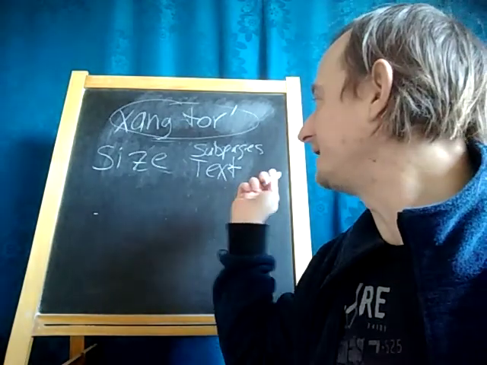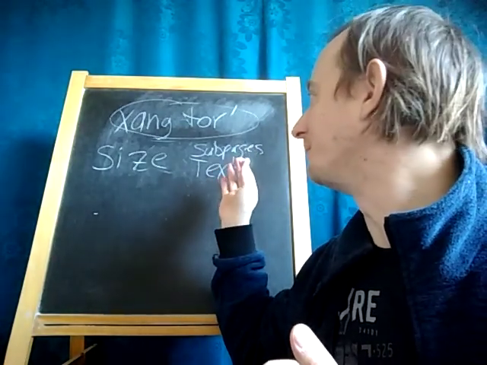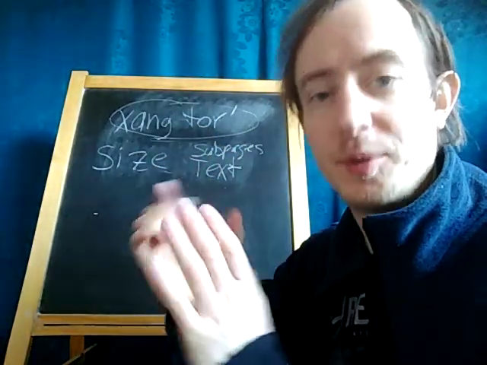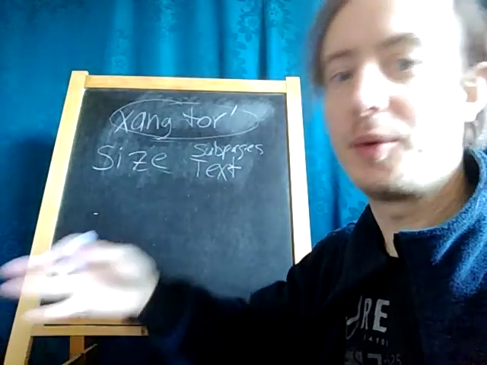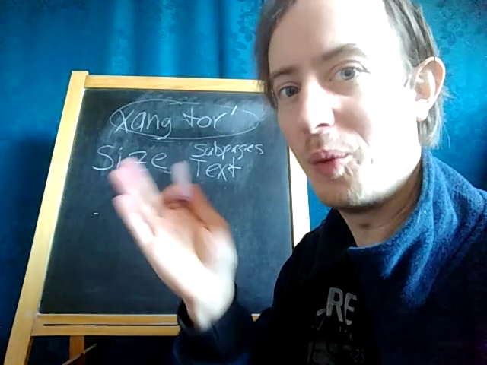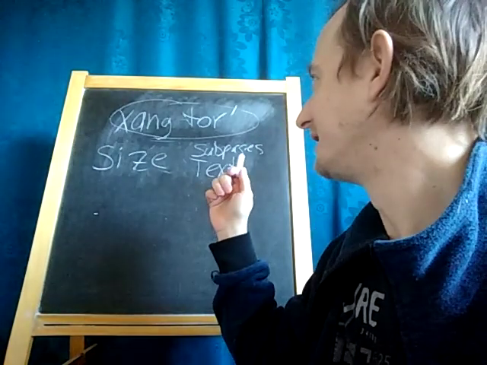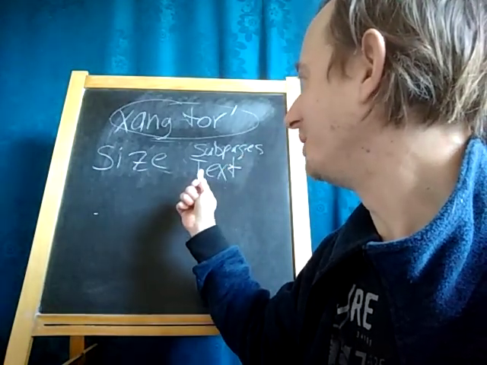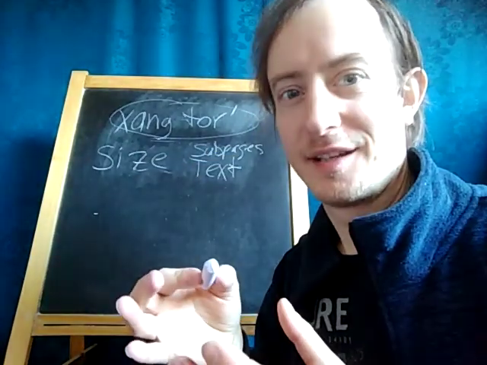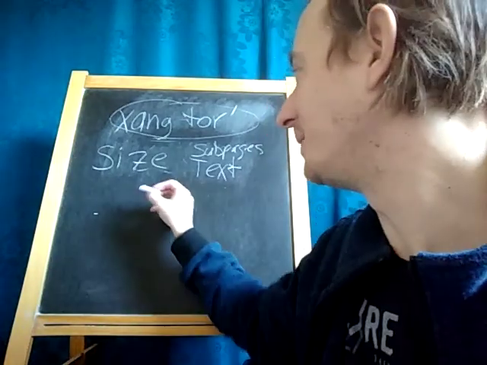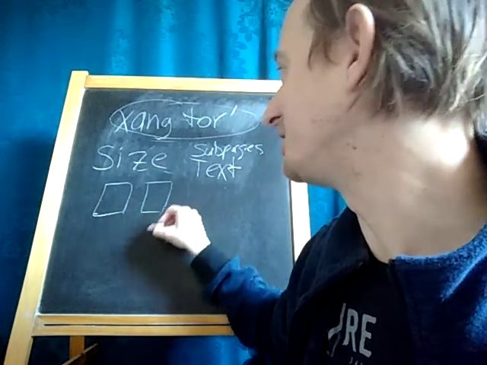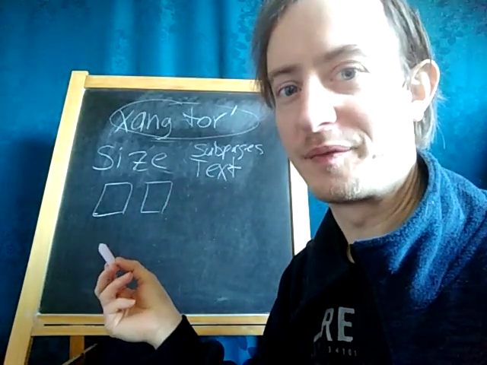So let's say you've taken several books, and you got several books that are big and several books that are small. You put the small ones aside. Then you open the books, and you find that one book is just plain text, and the other book is text with images on every page.